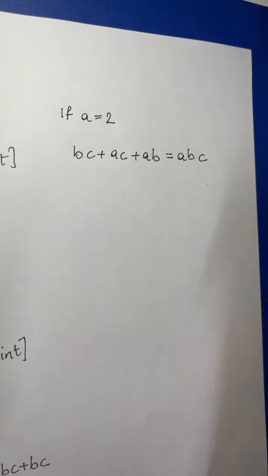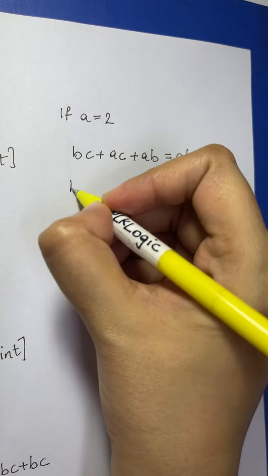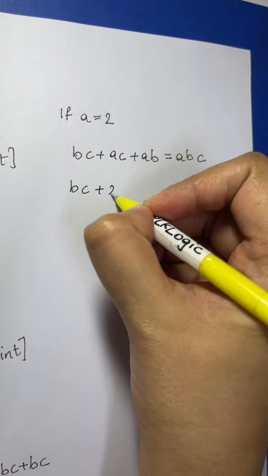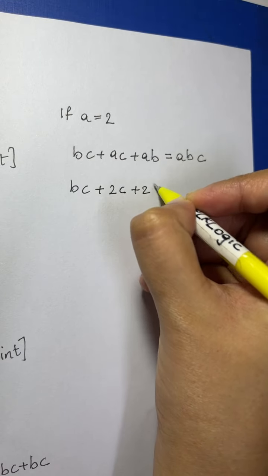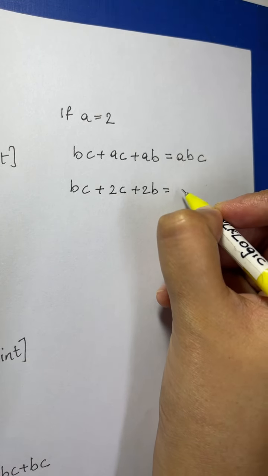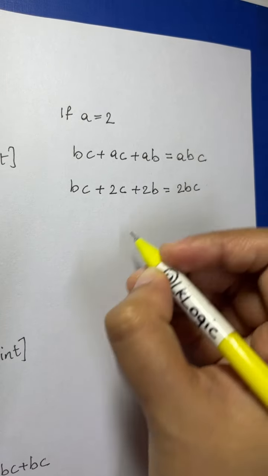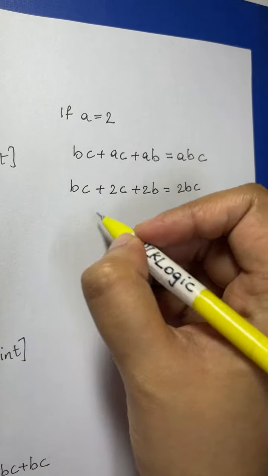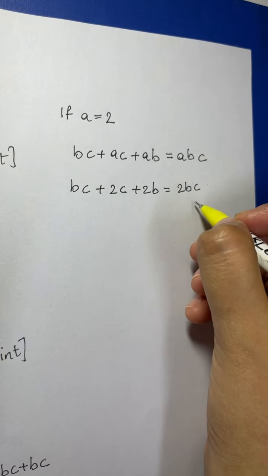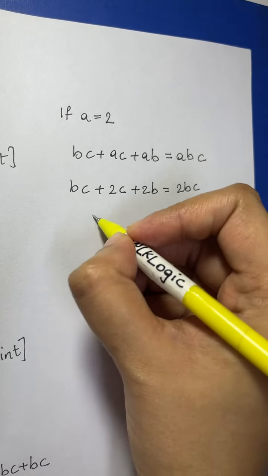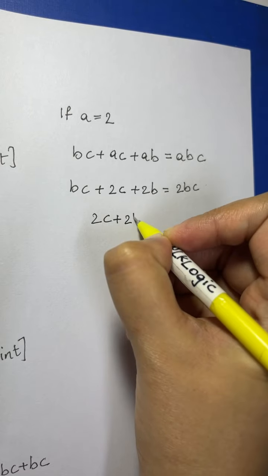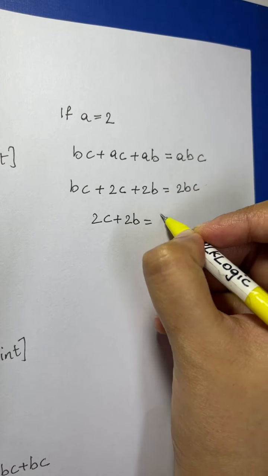Now let's substitute a is equal to 2 in that. So you have bc plus 2c plus 2b equals 2bc. Now here 2bc minus bc will give you bc. So you have 2c plus 2b is equal to bc.